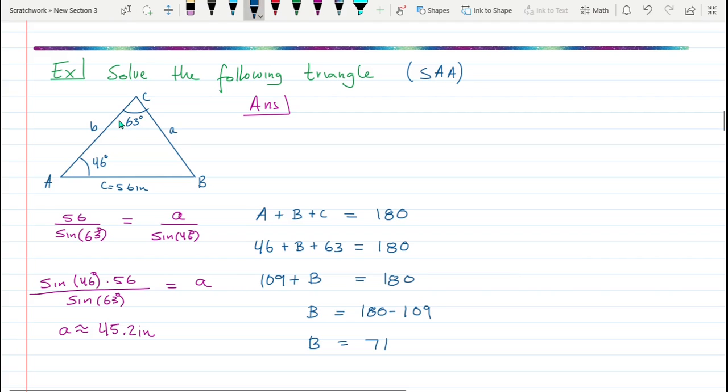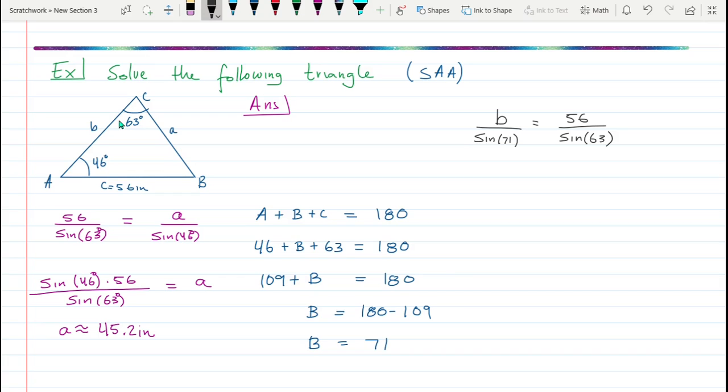So we'll figure it out by setting up another ratio. So B over sine of 71, and I'm going to use the given known ratio, 56 over sine of C, which is 63 degrees.